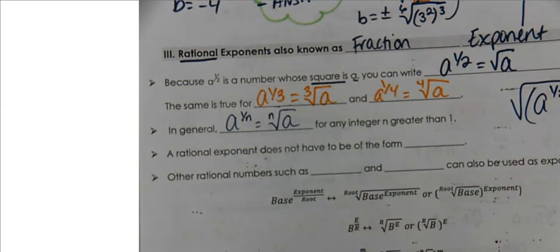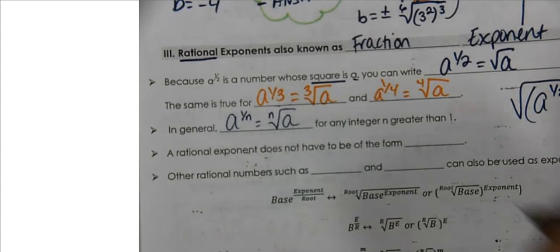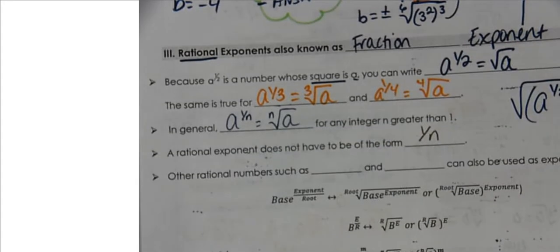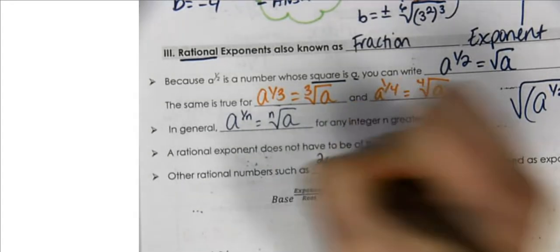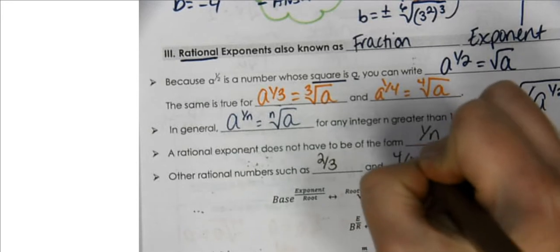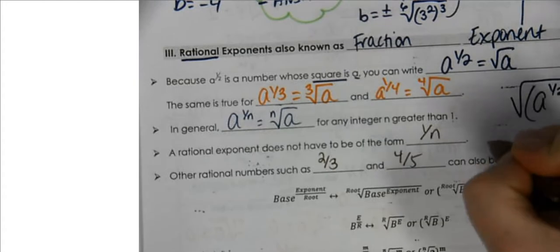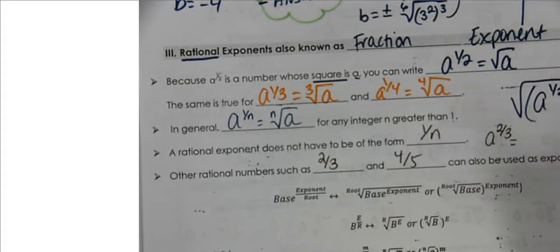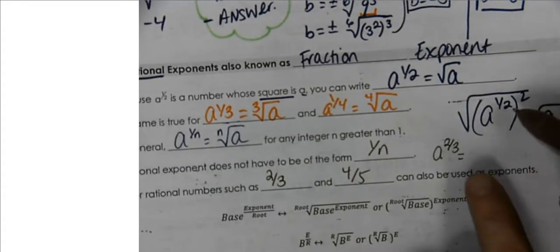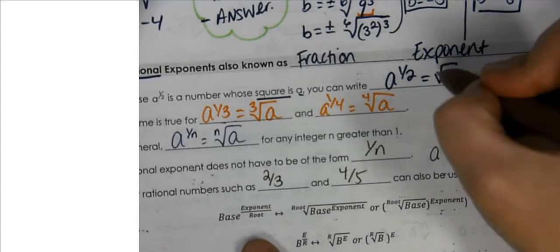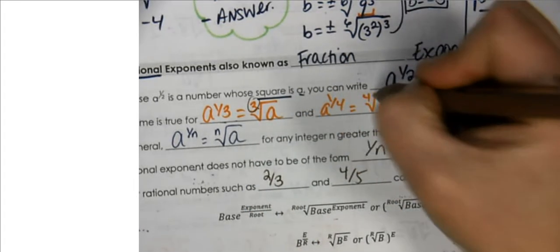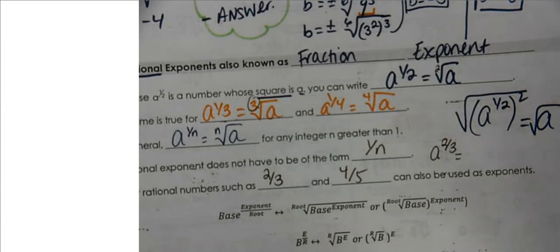So a rational exponent does not have to be in the form of 1/n. It can be in the form of something like 2/3 or 4/5. So if we had a to the 2/3 power, you notice that with square root there was an invisible 2, with cube root, 1/3, the 3 was in the denominator, and with 1/4, the 4th was the root that we were taking.